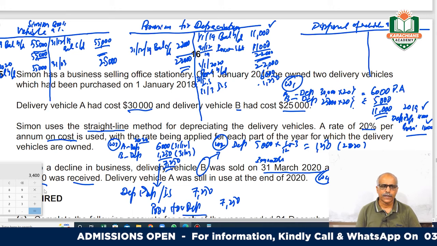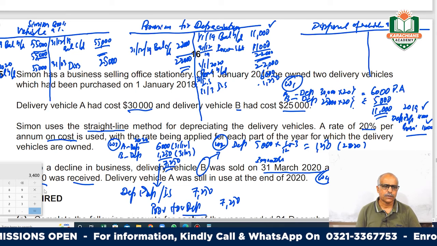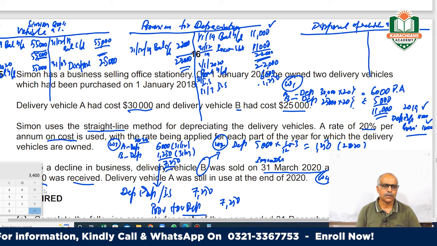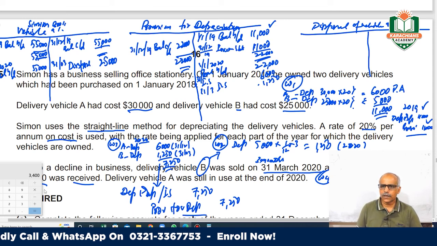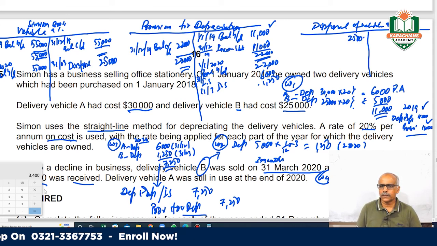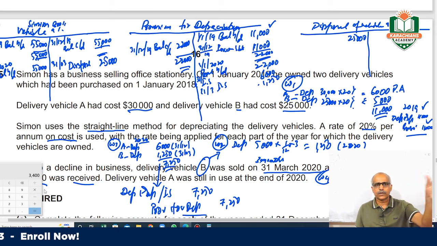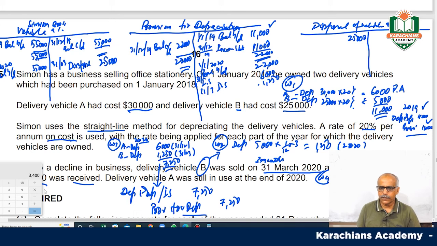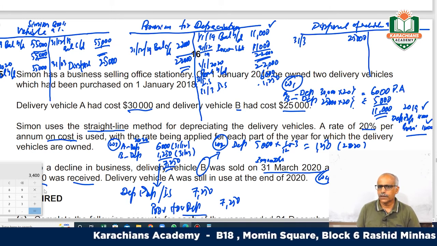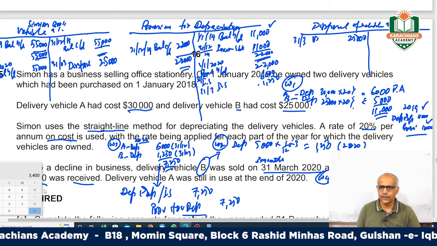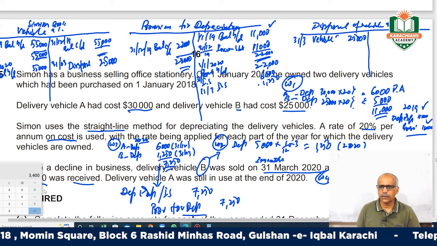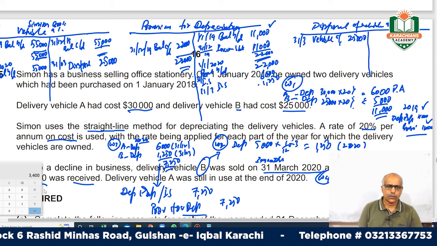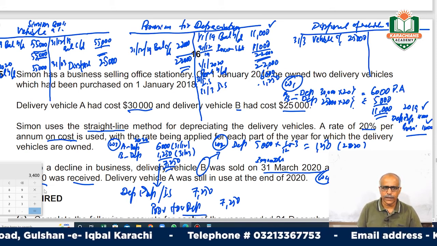And where have you taken this? To disposal account, right? So disposal account will get debited. You will make the entry disposal account debit and asset account credit, right? So 25,000 is credited on 31st of March to the vehicle account. So this part you have done, okay.